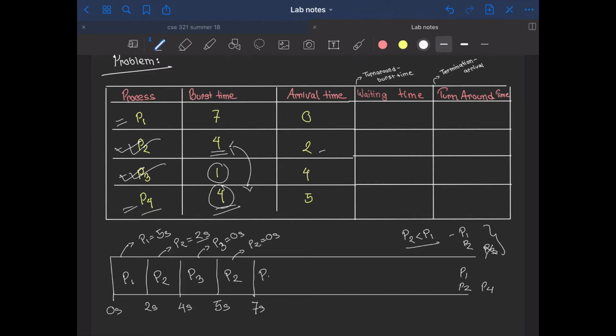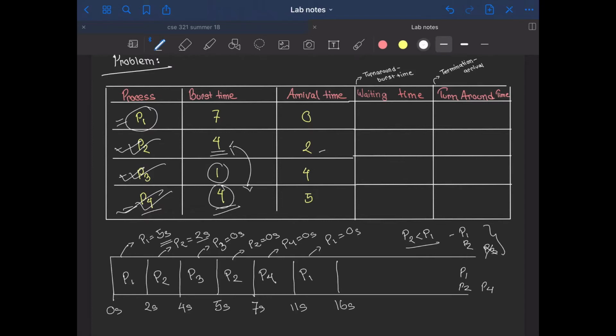So P4 gets the CPU, P4 works for 4 seconds, which brings us to 11 seconds. P4 doesn't have anything left. Then we only have one process left, which is P1. P1 takes the CPU and it had a remaining of 5 seconds, so it works for 5 seconds, and at the 16th second P1 is done. So we are done with all the processes here.